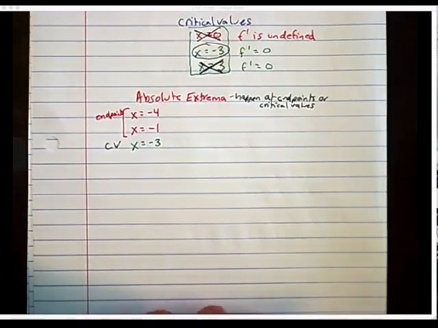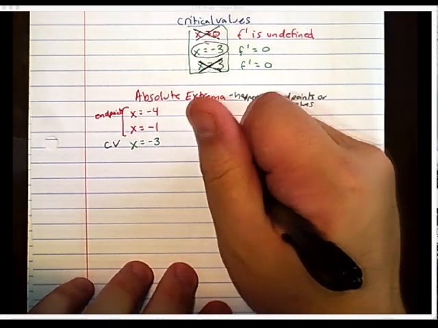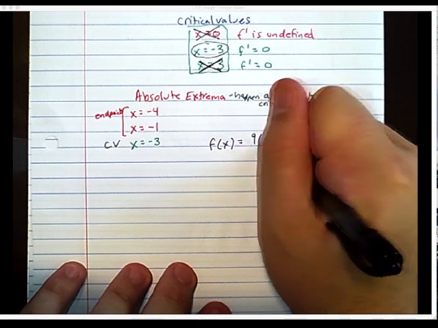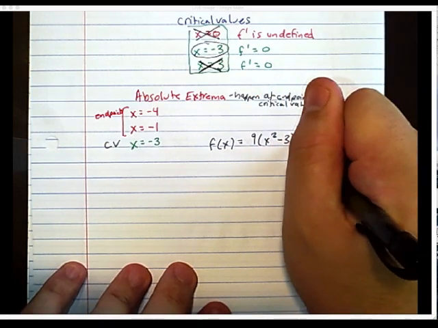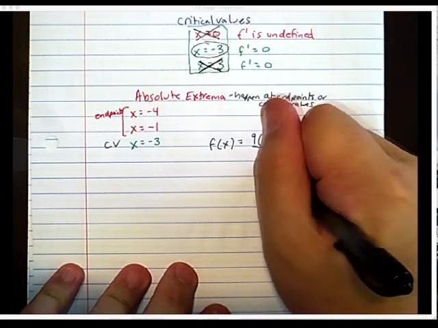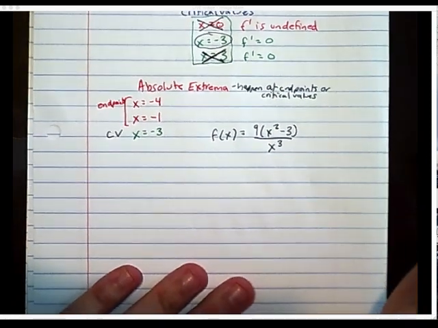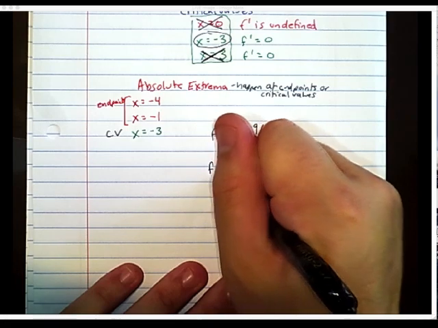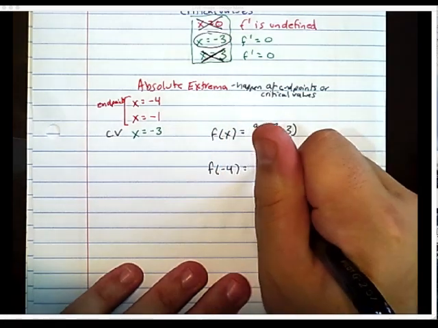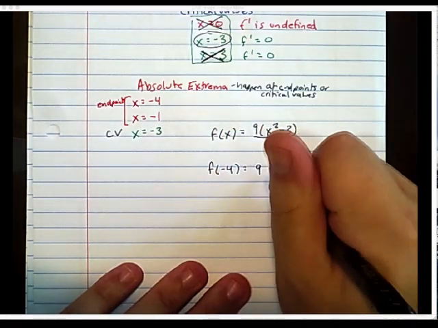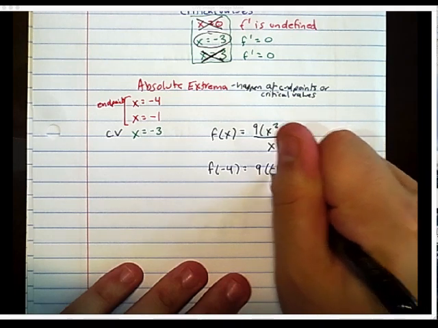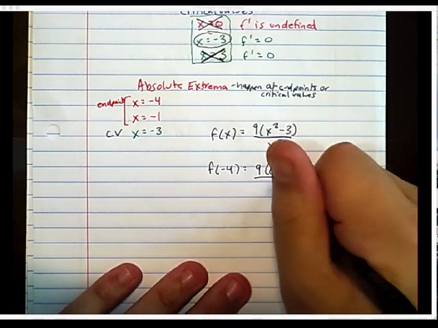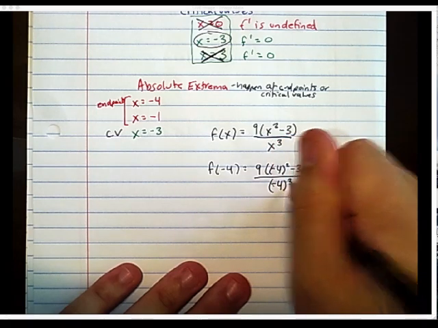So let's go back to f of x. f of x equaled 9 times x squared minus 3 over x cubed. We're going to plug in all three of these numbers. So when I plug in negative 4, that's 9 times negative 4 squared minus 3 over negative 4 cubed.